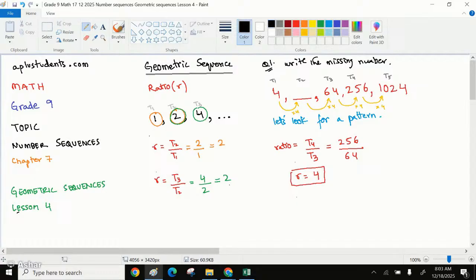Since the first term was 4 and we have to find the second term, 4 is multiplied by term 1, the previous term, and term 1 was also 4 in this case. That means term 2 comes out to be 16, and that is your answer. The missing term comes out to be 16.